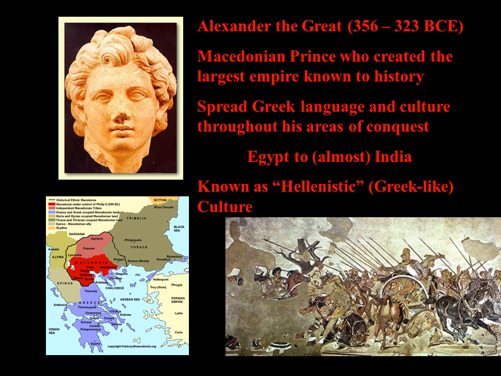He actually dies at the age of 33, just outside of India. What's important is not so much that this Macedonian empire becomes big, but that it brings Greek culture and ideas and science to this giant region that's a part of his empire. This is called, by the way, Hellenistic, Greek-like culture.